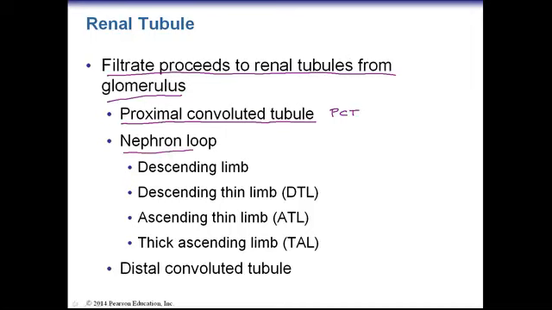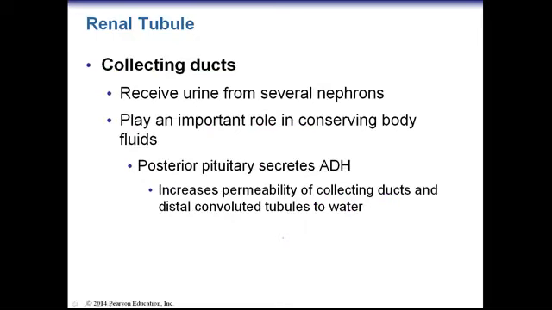Then we have the nephron loop, which has parts: the descending thick limb, the descending thin limb, the ascending thin limb, and the thick ascending limb. That'll make sense when we look at the picture. Then there's the distal convoluted tubule. That will then go into the collecting ducts, and as soon as it does, now it's called urine.